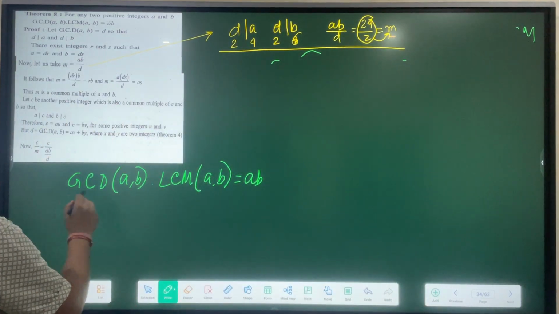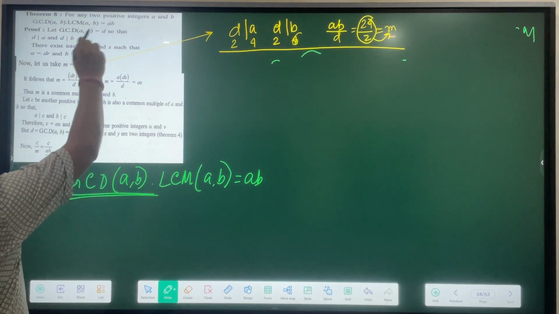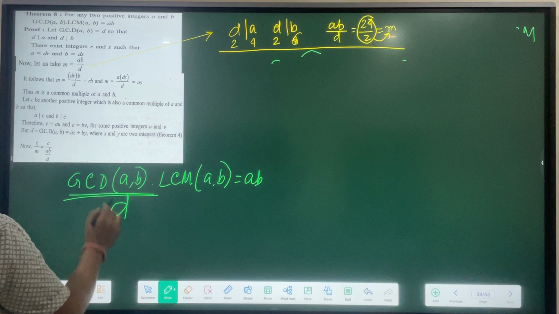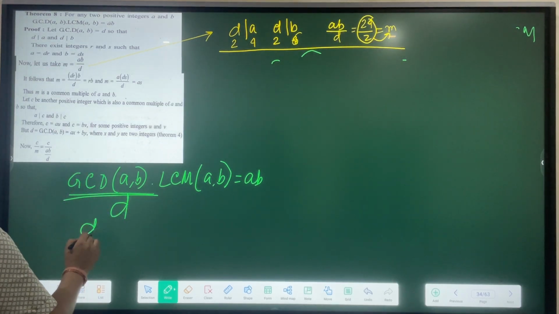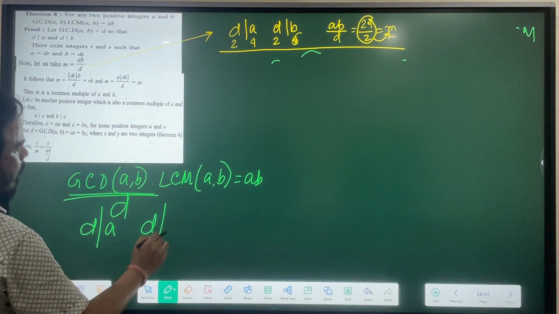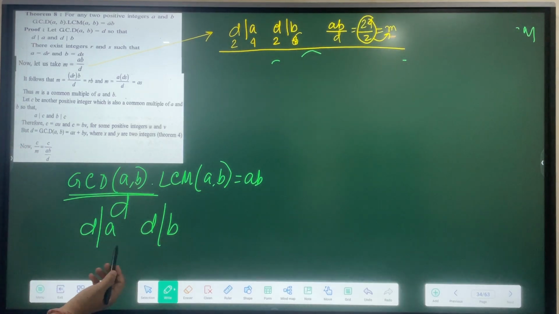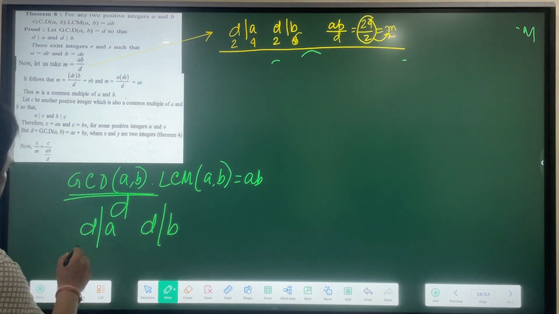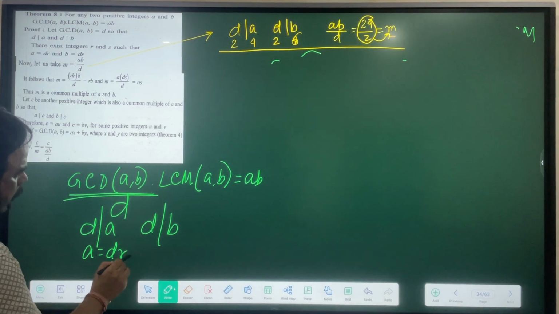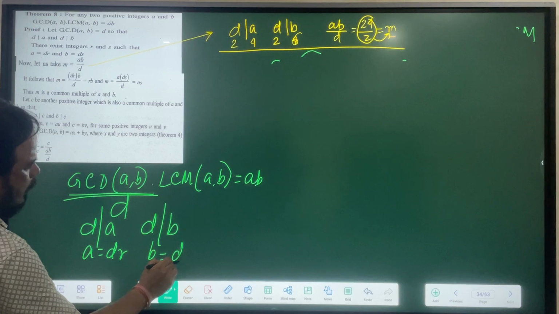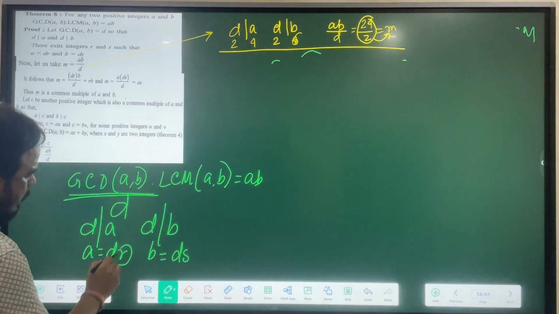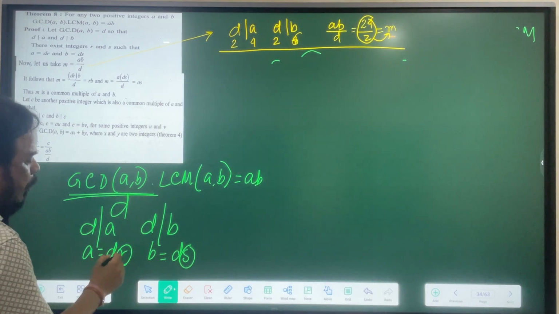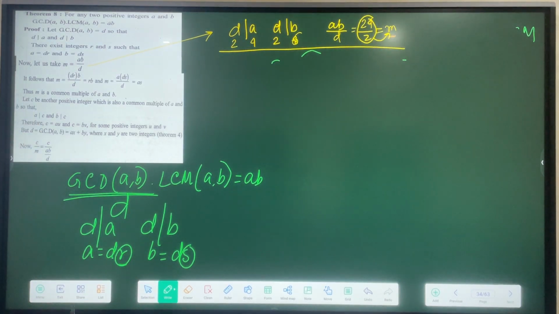Now GCD of AB is taken as D. So D divides A, D divides B. This one is common. This one you know already. So A equals dr and B equals ds. R and S can be any integers. X, Y we can take, no problem. P, Q we can take, any integer.